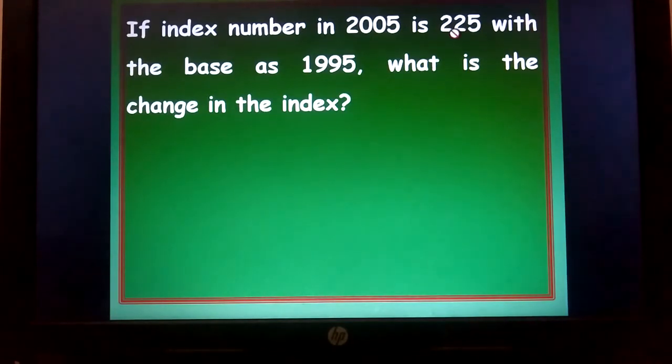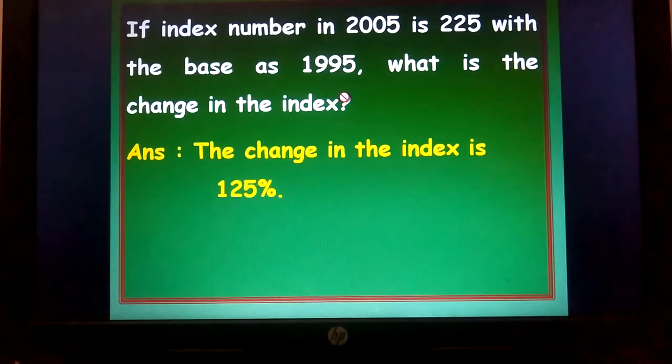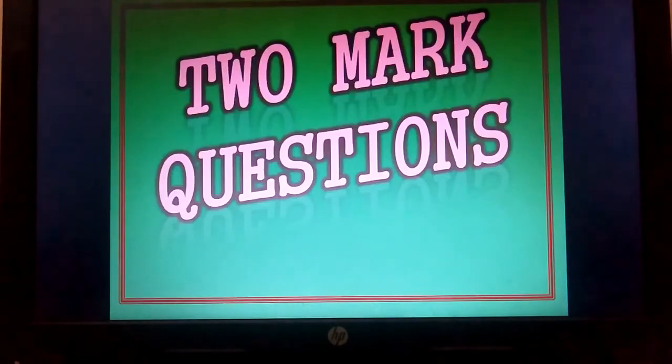That's why 225 minus this 100 as 125 we have written. So understanding the question clearly with the given statements is a prerequisite which will guide us properly in order to write the proper answer. Fine. Next question.